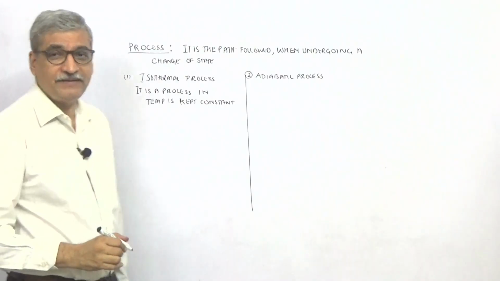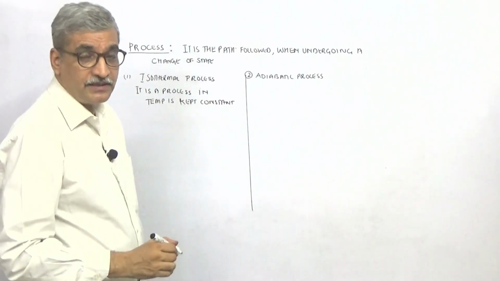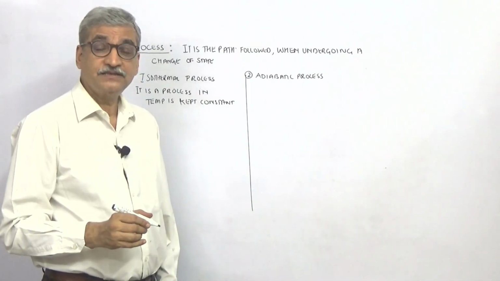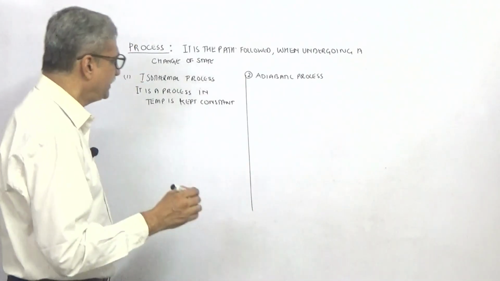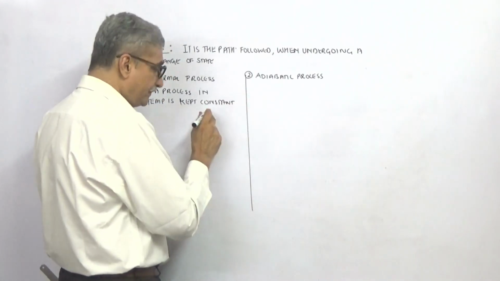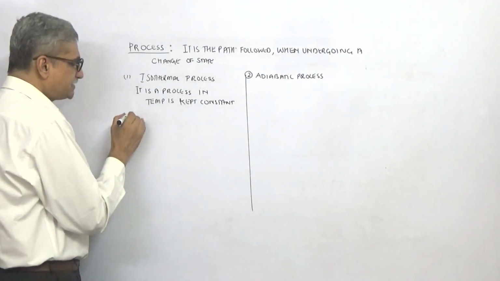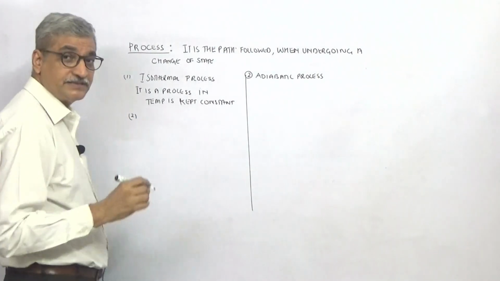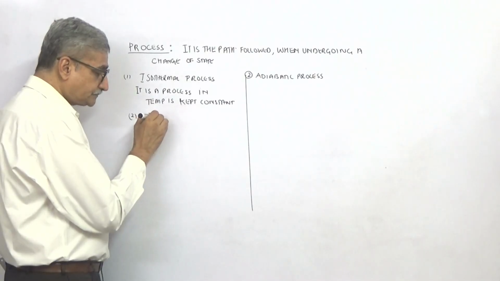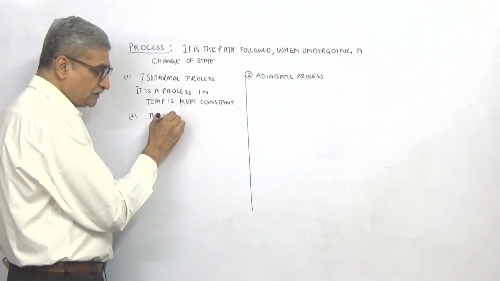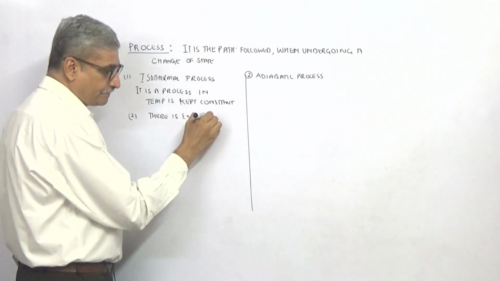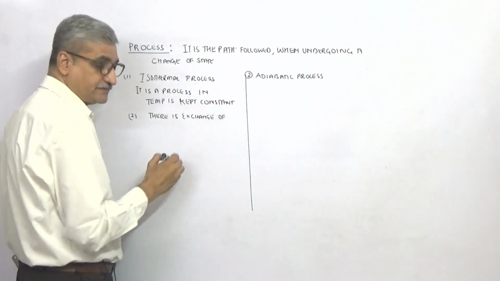So what is the adiabatic process? Let me first say, in an isothermal process the boundary is diathermic. Since the boundary is diathermic, temperature is kept constant. Second point: how is the temperature constant? Because there is exchange of energy.